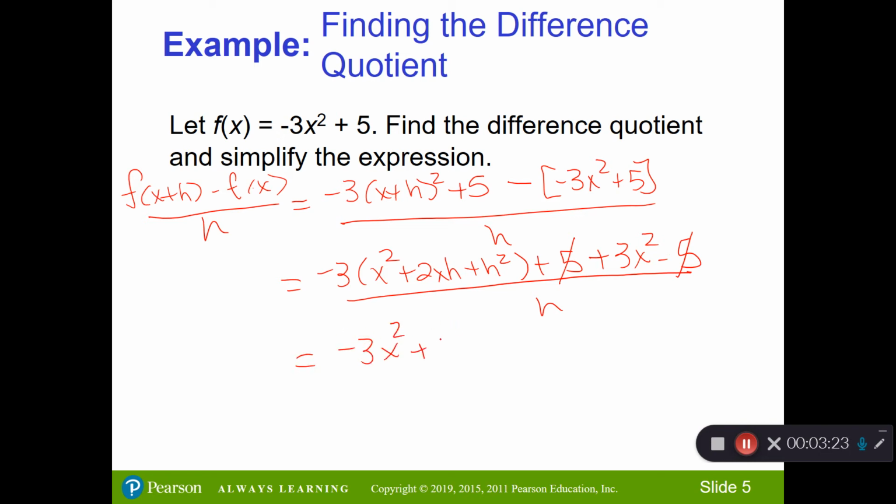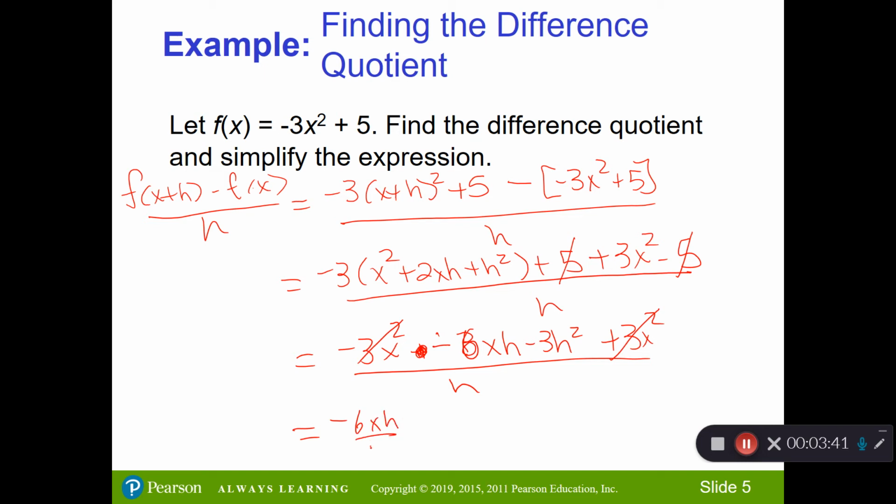I get negative 3x squared, minus 6xh minus 3h squared plus 3x squared over h. Again, these 3x squareds are gone. And I'm looking at negative 6xh over h minus 3h squared over h. Cancel an h out of each, and we get negative 6x minus 3h. That's our value of the difference quotient there.